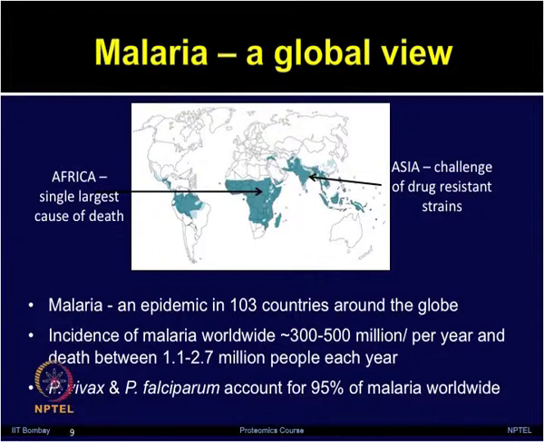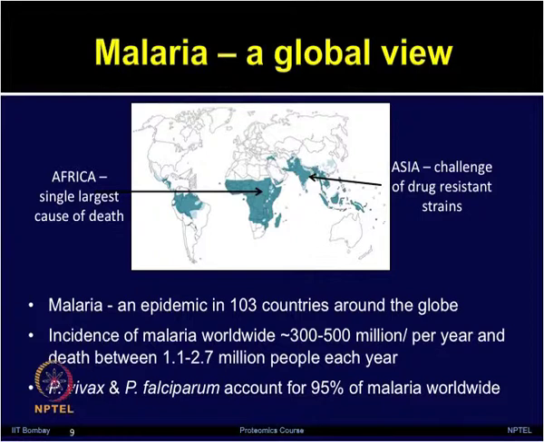But not only in Asia and Africa, malaria is an epidemic in 103 countries around the globe. The incidence of this disease is more than 300 million cases per year, and deaths are almost between 1 to 2.7 million.